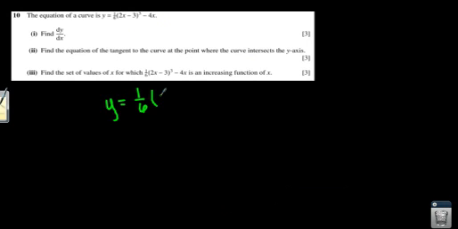I'm rewriting the derivative: it was 2x minus 3 squared, minus 4. That's y prime, or dy over dx.